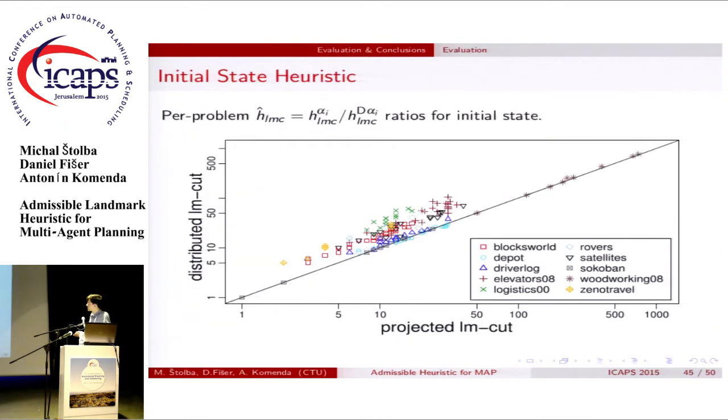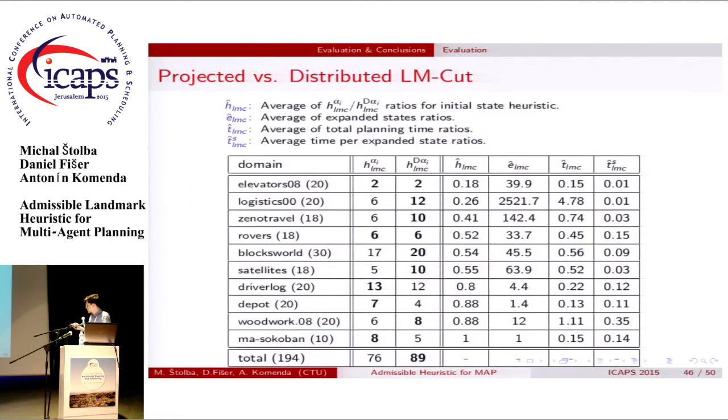Now some results. Those are results for the ratios for the heuristic for the initial state. We have seen in the Rust talks that for some problems the distributed heuristic gives significantly higher heuristic estimates. For some problems it's pretty much the same. So some more details.